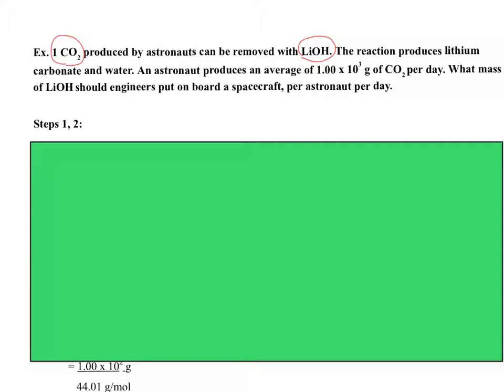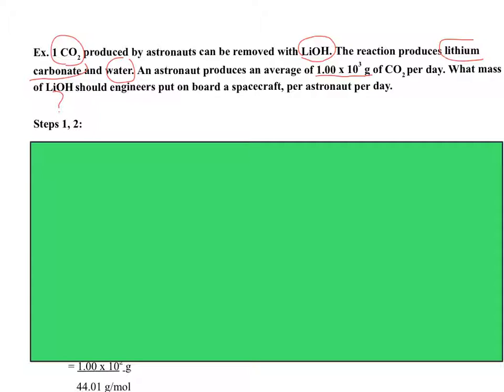So we know there's the reaction. The reaction produces lithium carbonate and water. So we can write a balanced chemical equation, and we know we've got this mass of carbon dioxide per day.